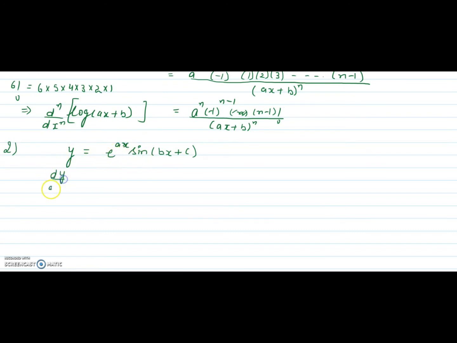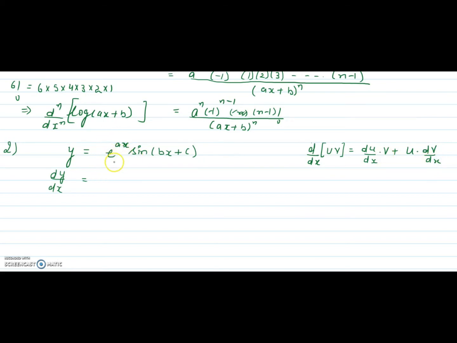First, I will differentiate it once. And you know that when I have to differentiate product of two functions of x, if u and v are functions of x, then the rule is first differentiate u, write v, then write u and differentiate v.